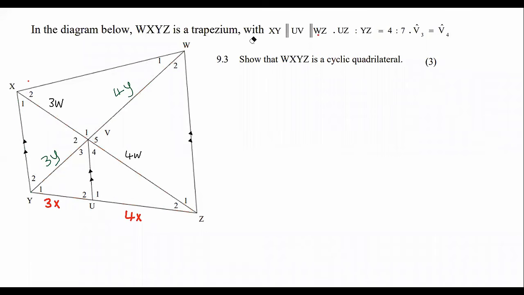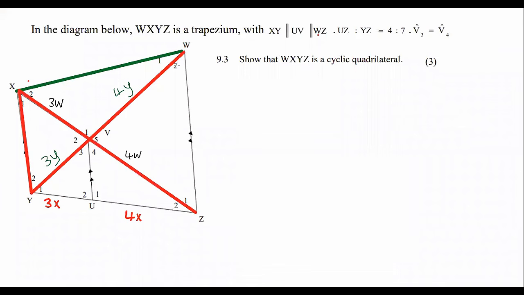You could use this as your base, and then your angles in the same segment would then be down this way and then down this way. So then you'd have to try prove that those angles are the same. And then lastly, just because I'm feeling a bit OCD, I would like to show you all of the possibilities.